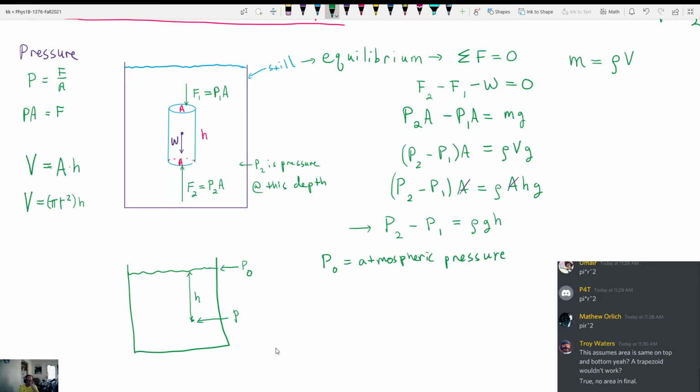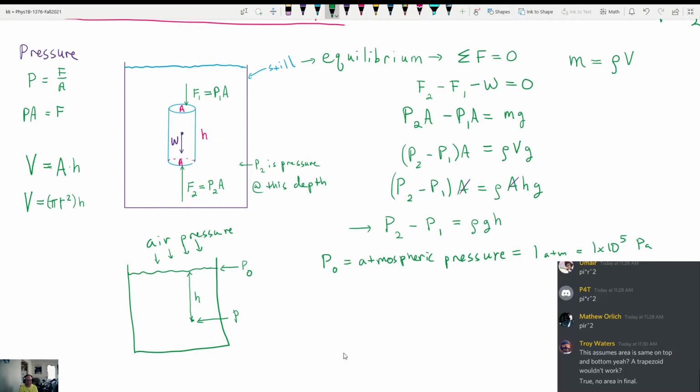Because there's a pressure that's exerted on the outside here from the air, right? Up here you have air pressure. And that air pressure pushes down on the top of the fluid, right? And it exerts a force. And the amount of pressure that's there is 1 atmosphere of pressure.